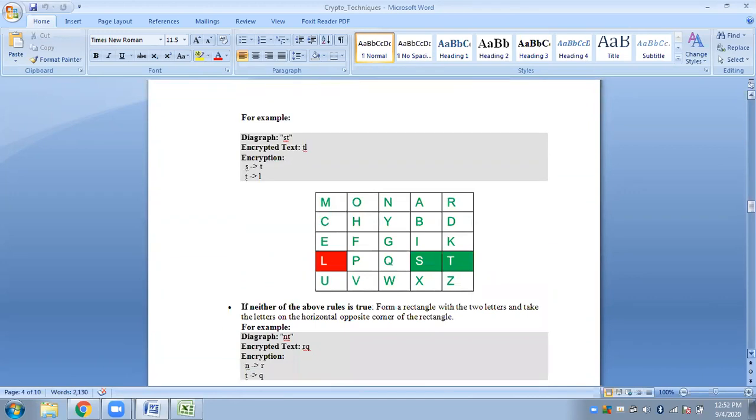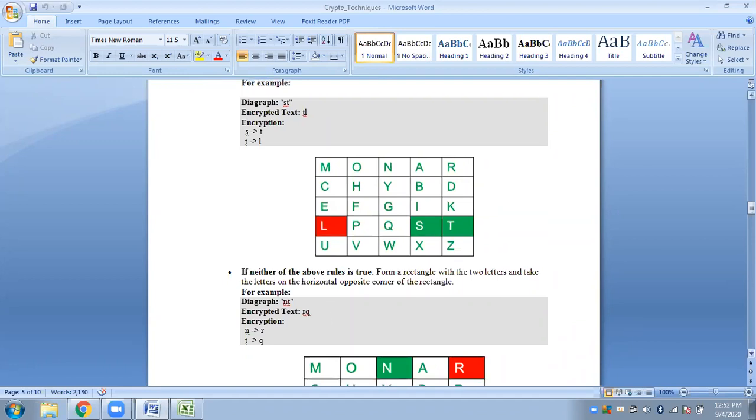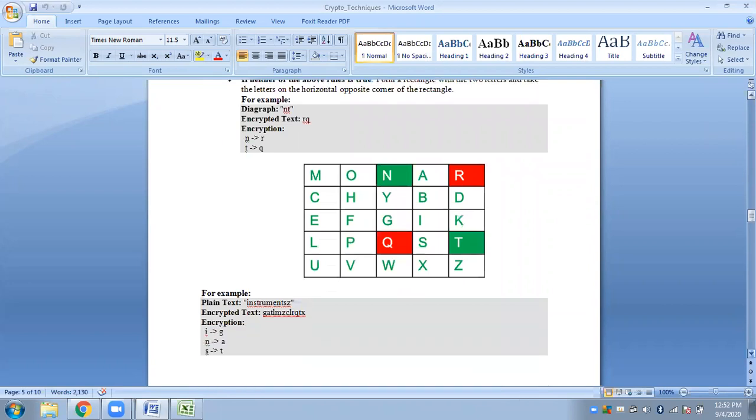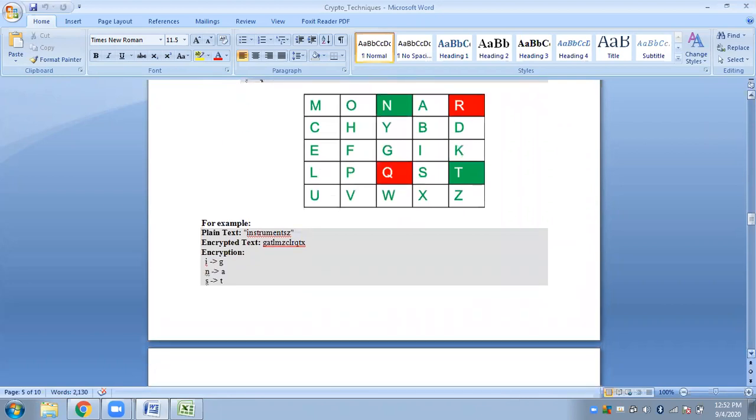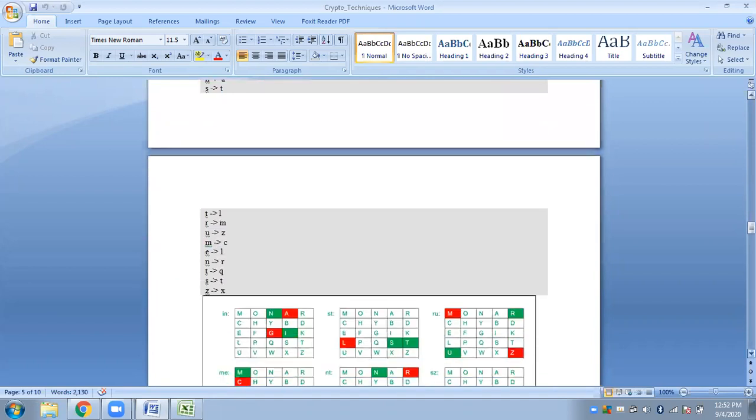Third: what if they belong neither to a single row nor a single column, that is, neither of the two above rules is satisfied? Based on that, we converted the plain text to an encrypted form, which we call the ciphertext. Was it clear till here?